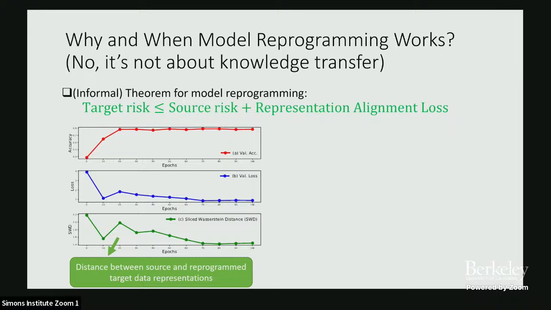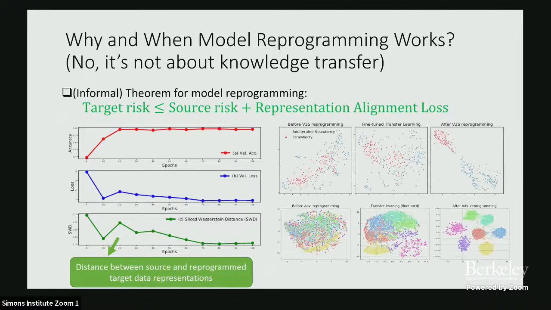So implicitly, model reprogramming learns how to reprogram or align the representations from the target domain to the source domain. And this is just a t-SNE plot to convince you that, before and after reprogramming, we do see a clear separation, and it gives a better separability in the representation space when you compare reprogramming to transfer learning.